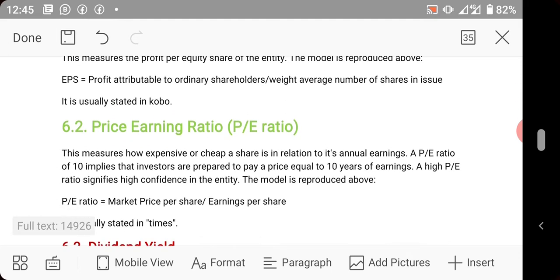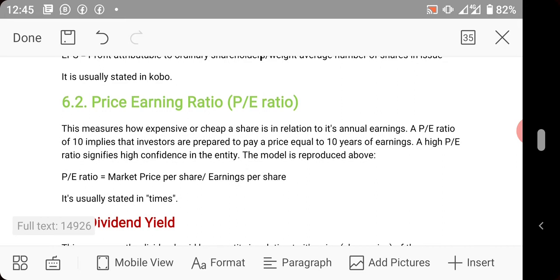So now the price earning ratio. The price earning ratio is one of the most important measures of investor ratios. It measures the level of confidence investors have in the company. If investors have a higher level of confidence, they will pay higher amounts to acquire the shares. If they have a lower level of confidence, they will pay lower amounts.